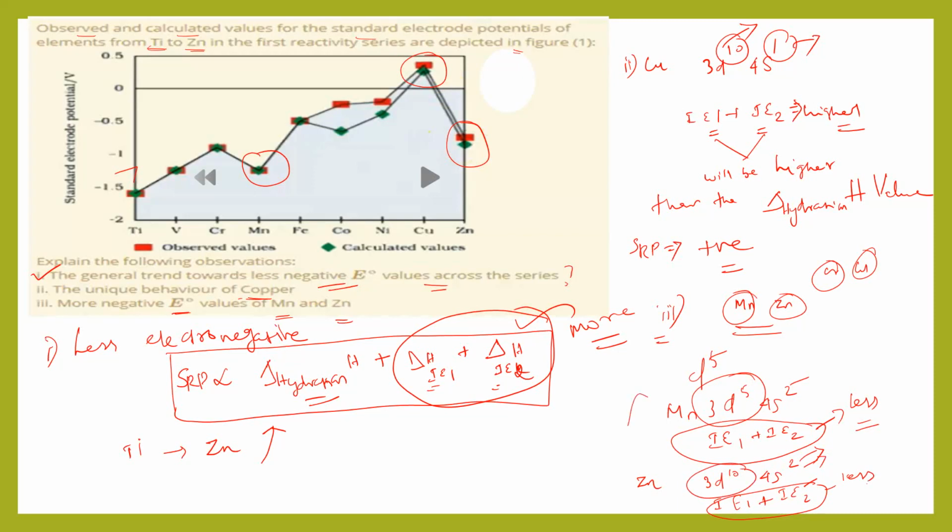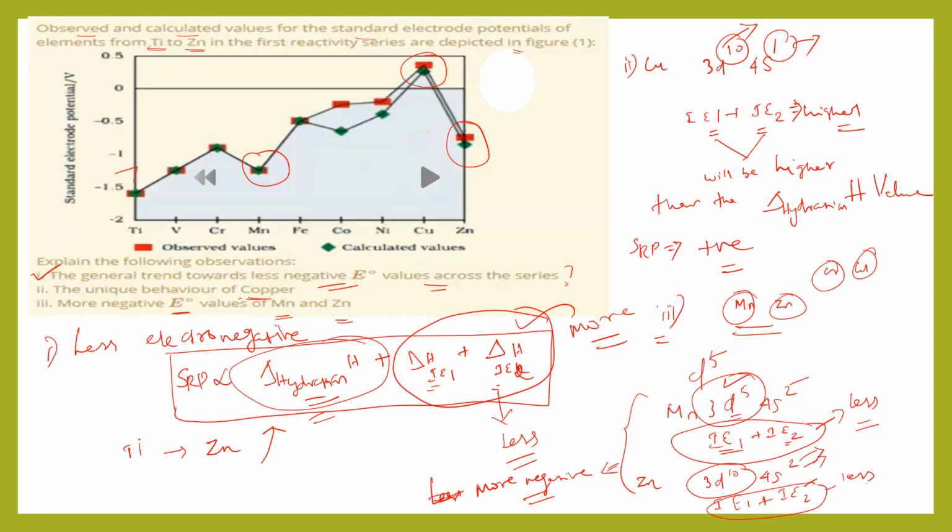So in these two cases, the two values will be very less than the hydration enthalpy, so the value is more negative. The ionization enthalpies, IE1 and IE2, of both manganese and zinc are very less than the hydration enthalpy, so they tend to attain a stable configuration.